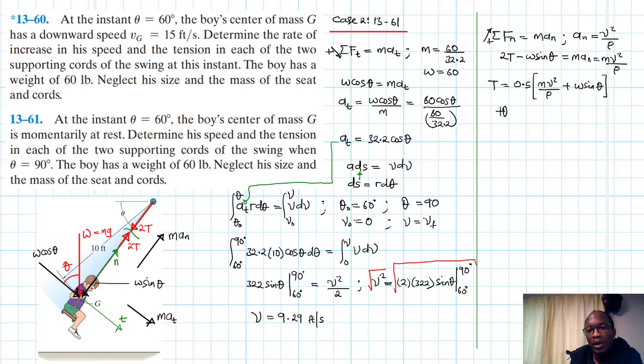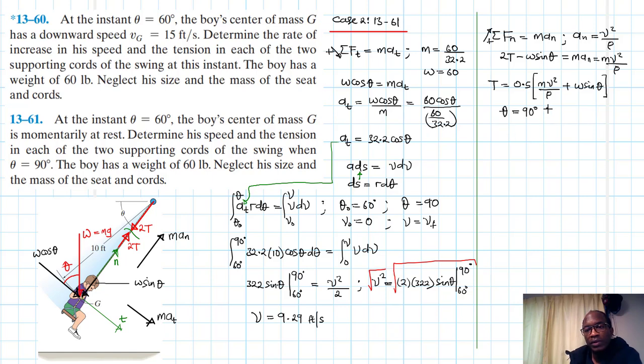Our theta is equal to 90 degrees. We're finding the tension of the two supporting cables when theta is equal to 90 degrees.